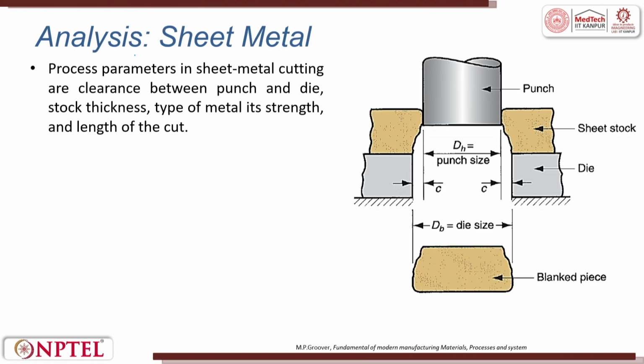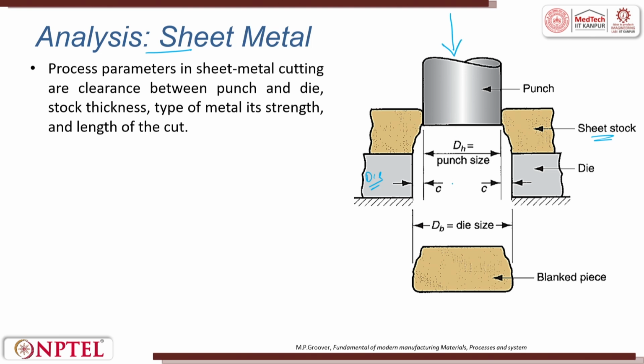Now, let us do a little bit of analysis in sheet metal. This is the punch, this is the die. This is the sheet metal where we keep. The punch moves downward.